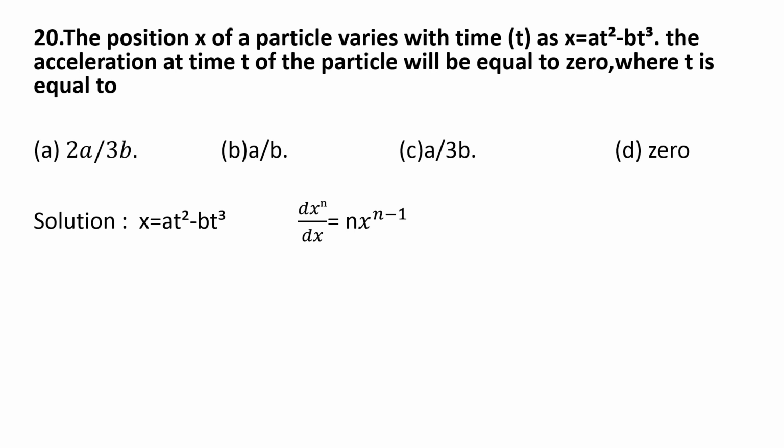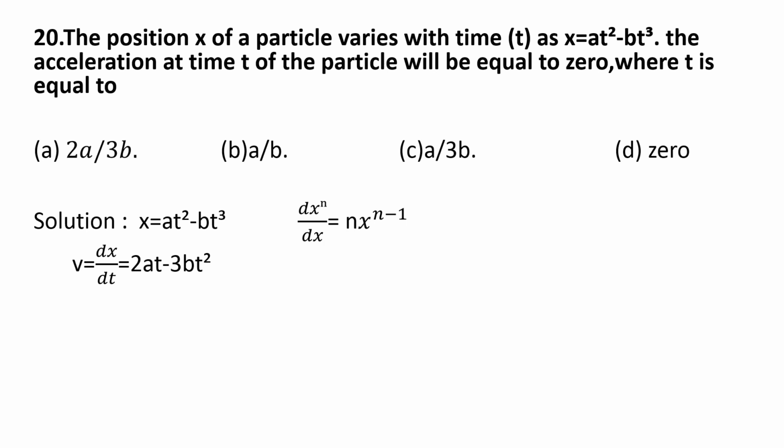Then you get the value of velocity v is equal to dx by dt, which is equal to differentiation of at square becomes a into 2 into t to the power 2 minus 1, that becomes 2at, minus differentiation of bt cube, which gives 3 into b into t to the power 3 minus 1, that gives 3bt square.